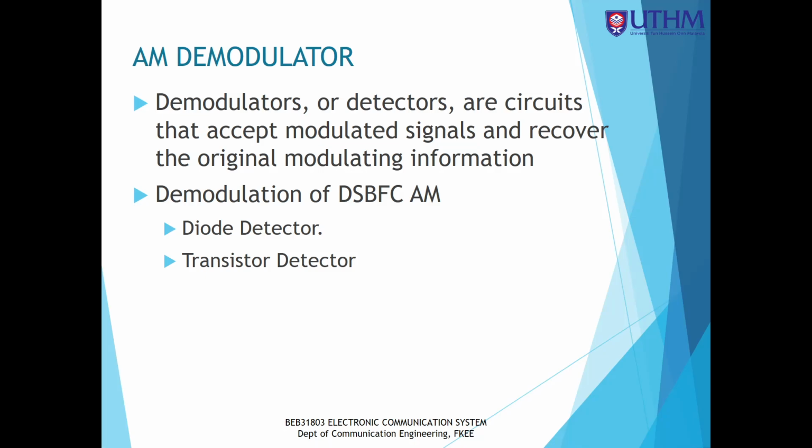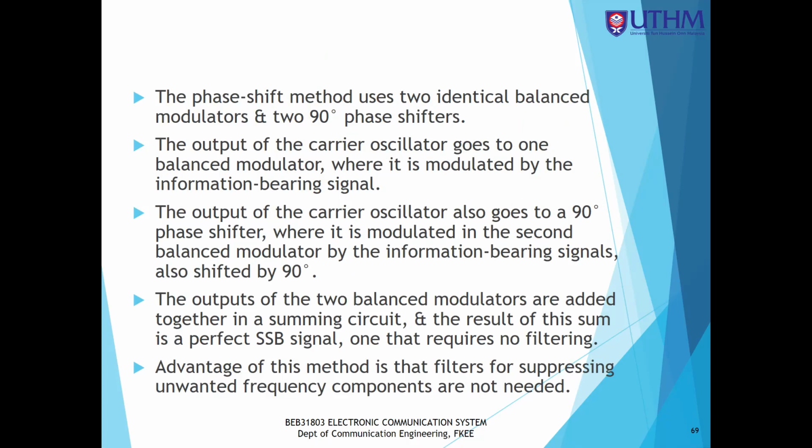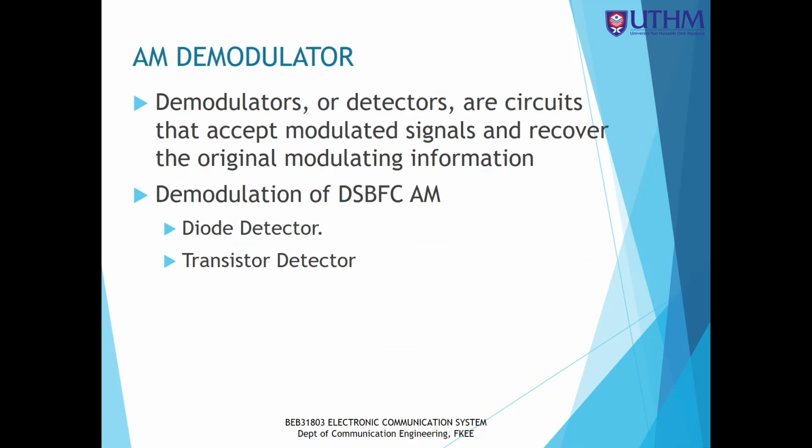Up to this slide, this is about the transmitter system, the modulator circuit inside the transmitter system. Starting from this slide, it is about the demodulator, which is a part of the receiver.